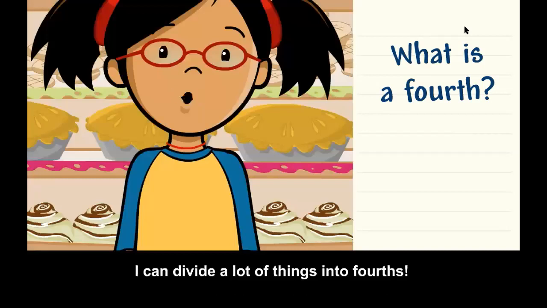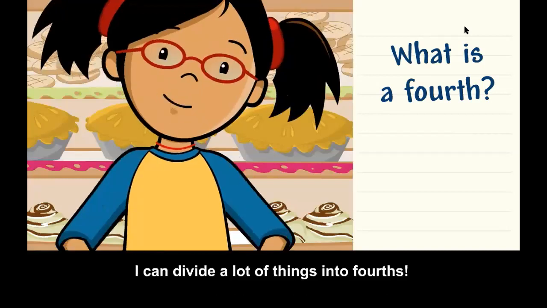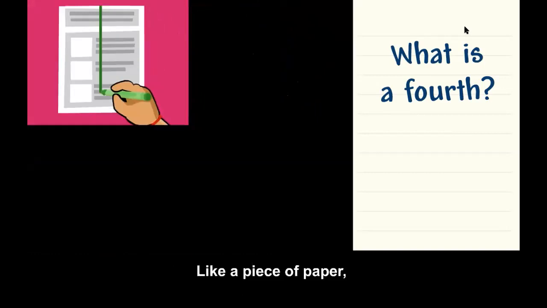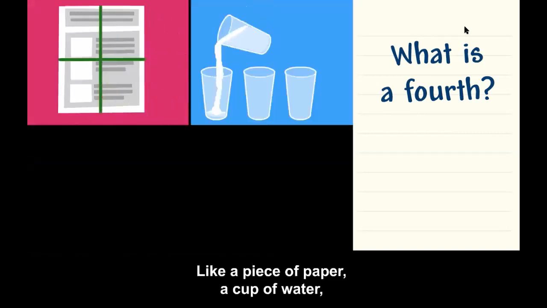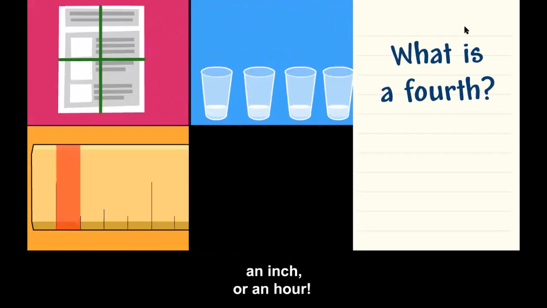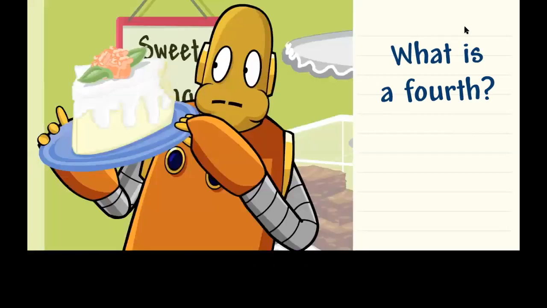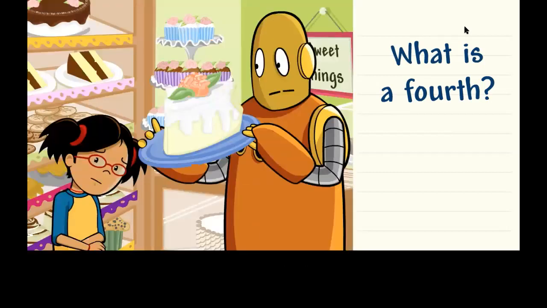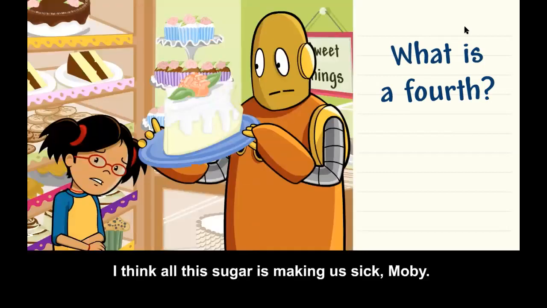I can divide a lot of things into fourths. Like a piece of paper, a cup of water, an inch, or an hour. I think all this sugar is making us sick, Moby.